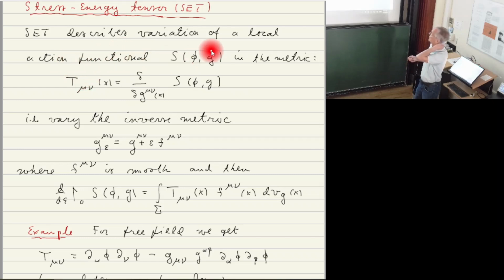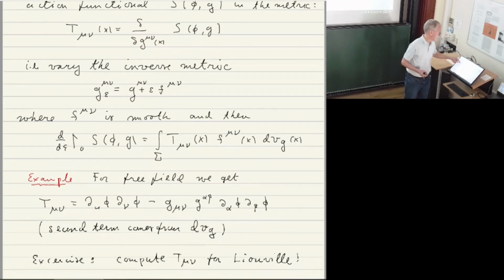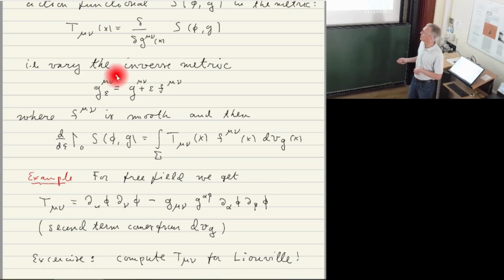So you have this classical action functional, and you could just ask how it varies when you change the metric locally. So let's look at the variational derivative of the action functional when you vary the metric at a point x. It's more convenient to look at this variation not for the metric but for the inverse matrix.